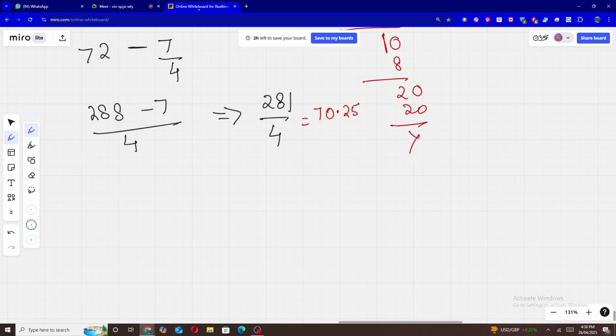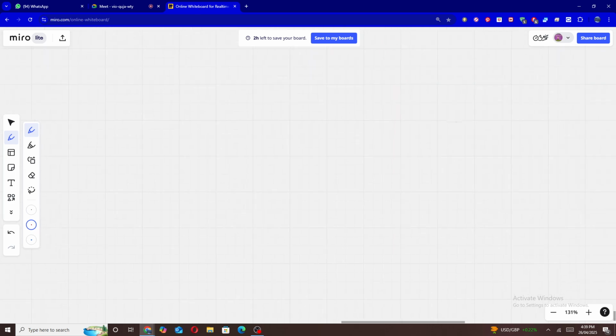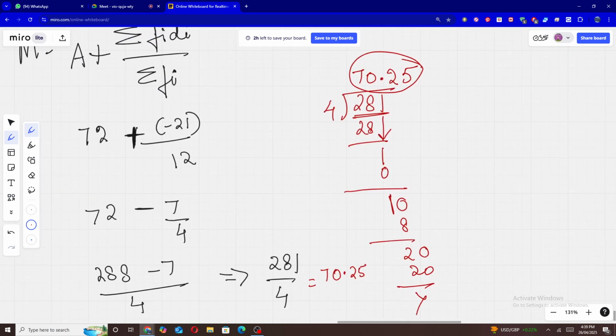Is it clear? So I'm going to the next question, guys. Please do it. Okay, so your question is division. Please don't make this kind of mistake. When it is part of the question, it's not a remainder. 1 was part of the question, that's why you have to divide it. 4 into 0 is 0.